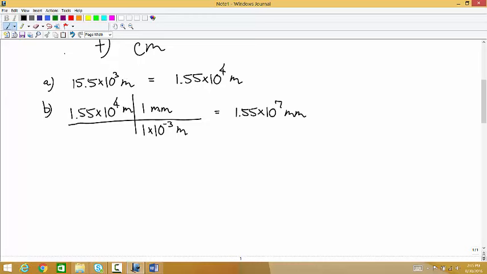And the second way is you can recognize that if kilo means times 10 to the third, for example, then 1 kilo whatever is equal to 1 times 10 to the third whatever. And then based on this, you can do the ratios the way we do unit conversions.